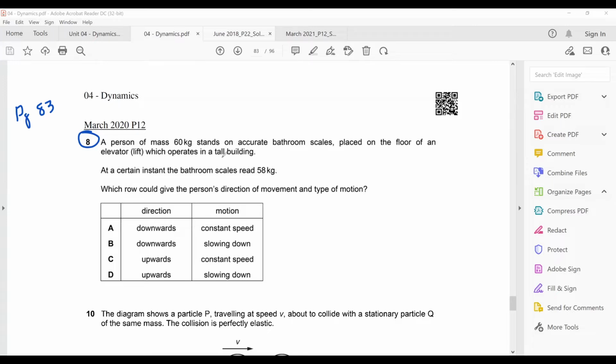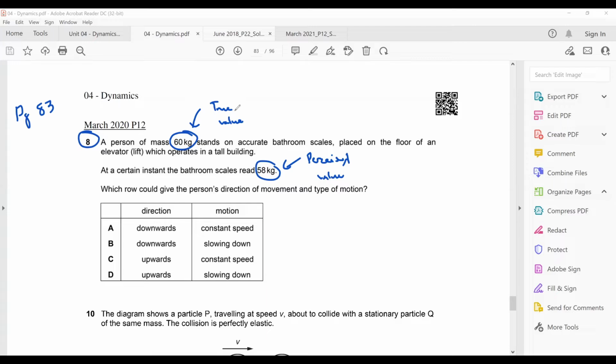So a person of mass 60 kg stands on a bathroom scale placed on the floor of the elevator in a tall building. This is the true value. This is the perceived value. Now, the mass here is actually your weight. The mass and weight are somewhat related.